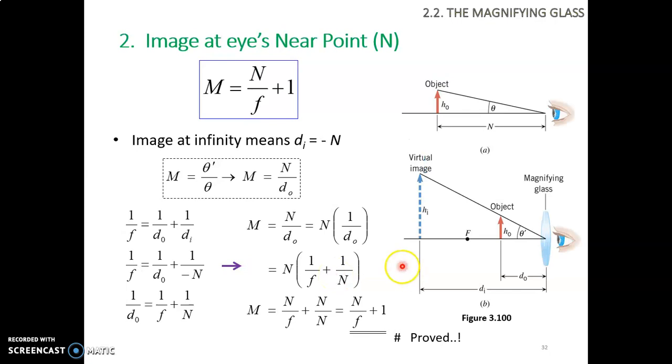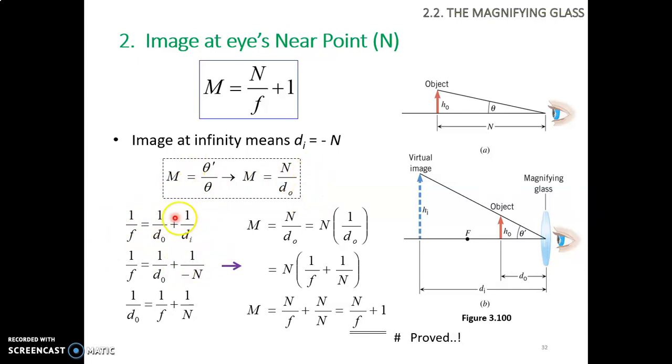The second situation is the image formed at the near point. We know that the angular magnification for an image at the near point is n over f plus 1, and we want to prove this. Same as before, angular magnification is equal to theta prime over theta, which is equal to n over d naught.